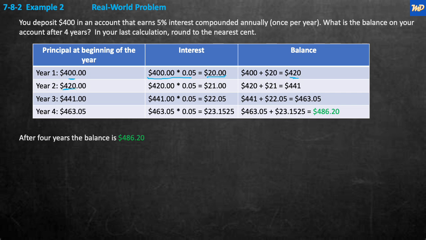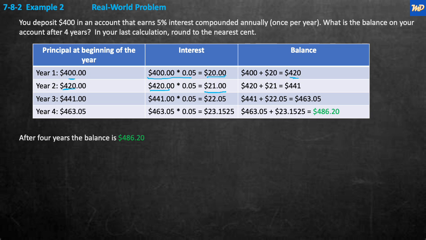Here's $420. And you're going to earn that same 5% interest on your money, except this time you're earning it on $420. So the $420 now earned you $21. It was $20. This time it's $21 because you earned 5% of the extra $20.